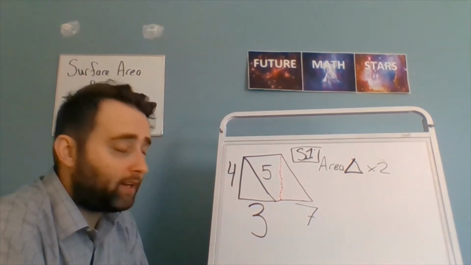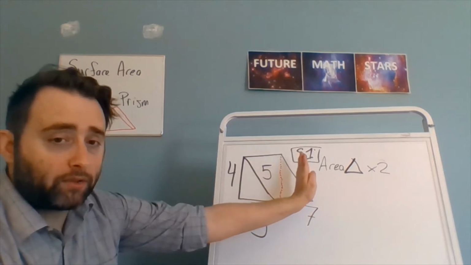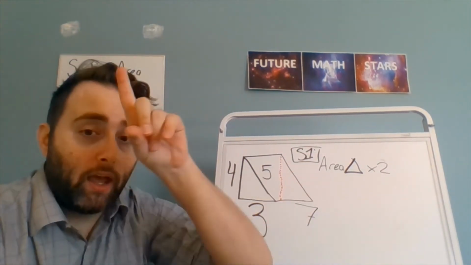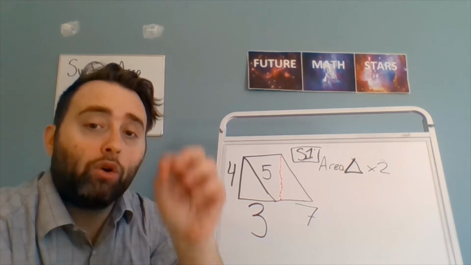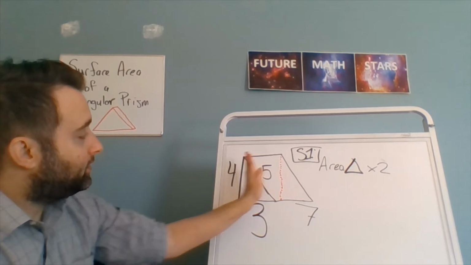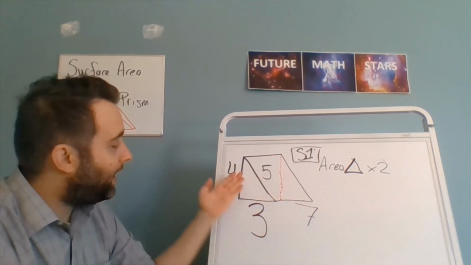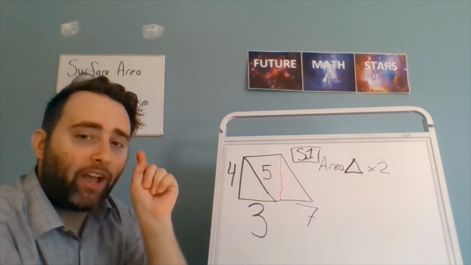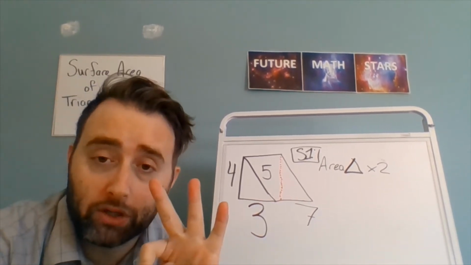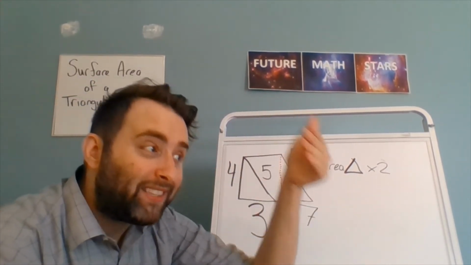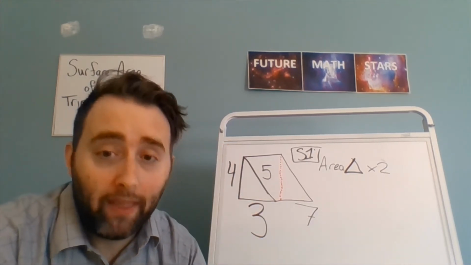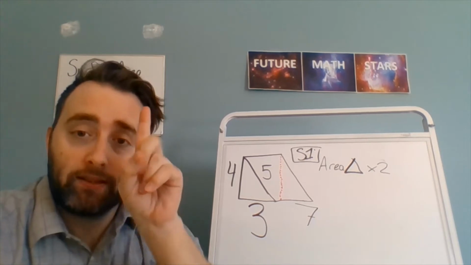Now, what I want you to understand is we are finding the area of this rectangle, the bottom rectangle, the back rectangle. The area of a rectangle is base times height. All of the rectangles have the same length. And if all 3 numbers are going to be multiplied by the same number, you don't have to individually multiply them.